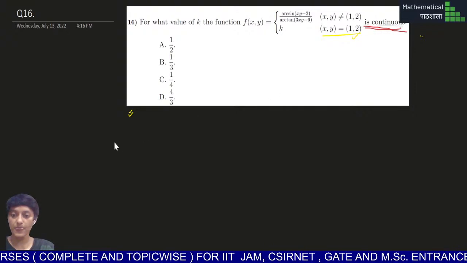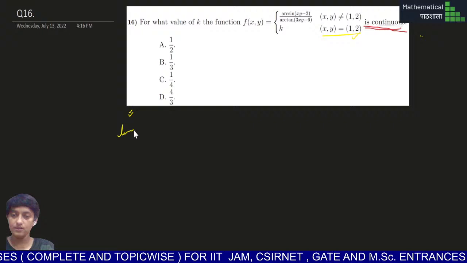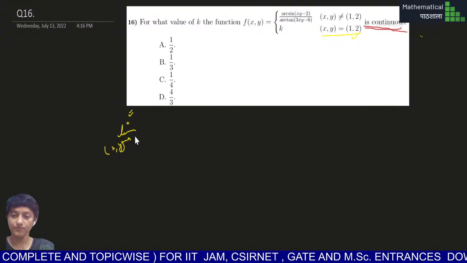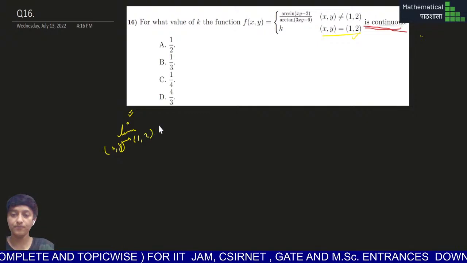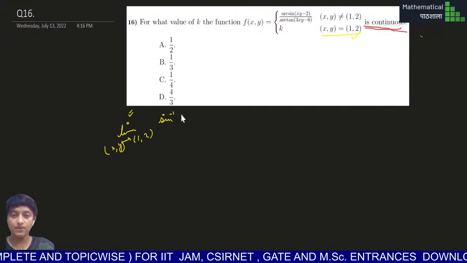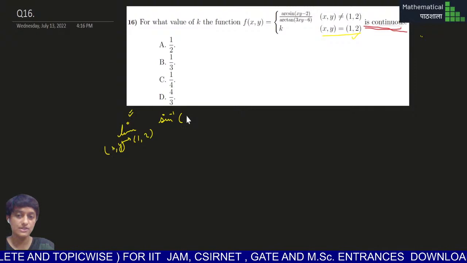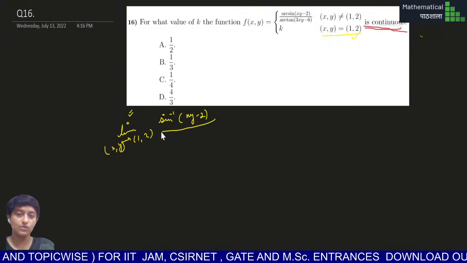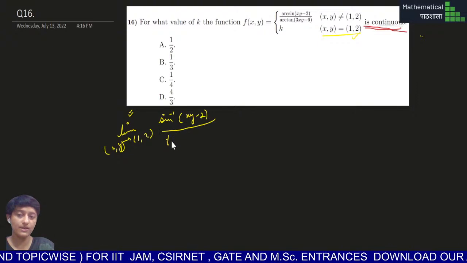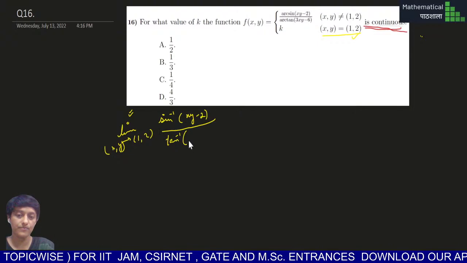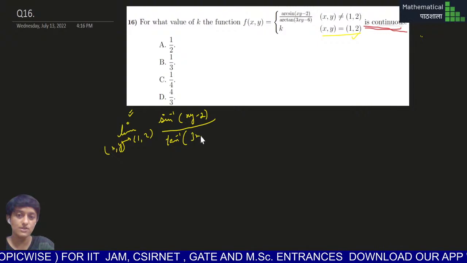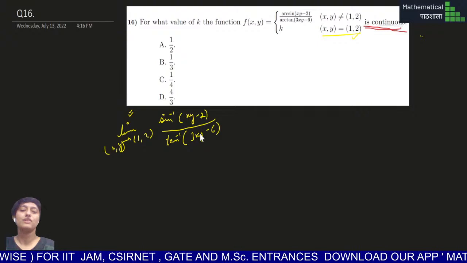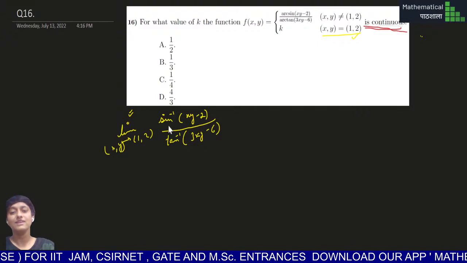Okay. So we have here the limit as (x, y) tends to (1, 2) of sine inverse. Arc sine is sine inverse. Someone was asking this question today, right? So arc sine, arc tan is nothing but tan inverse. Once one student asked me this also, why do we have two names for the same thing, like arc sine and sine inverse?